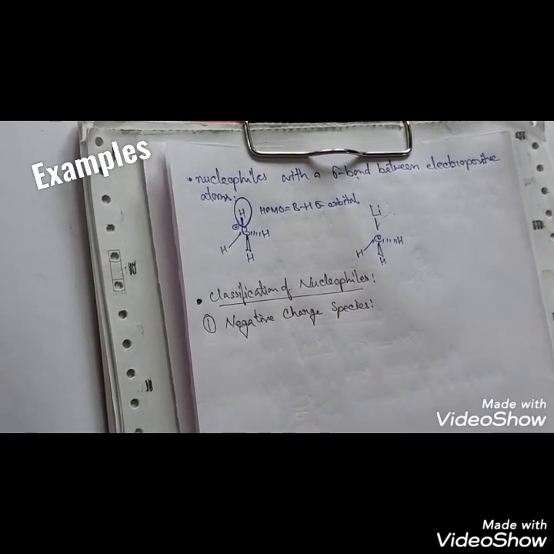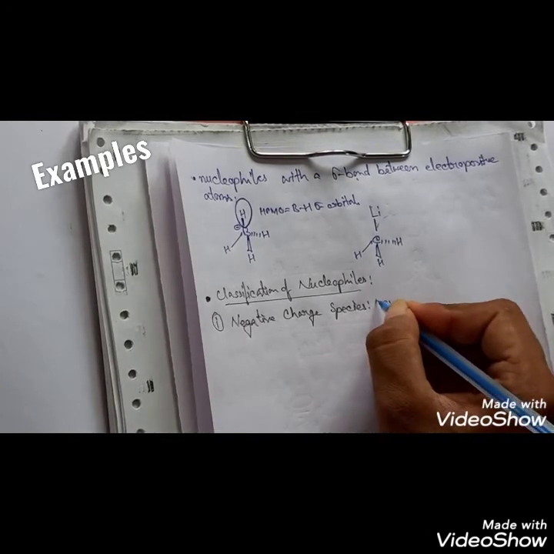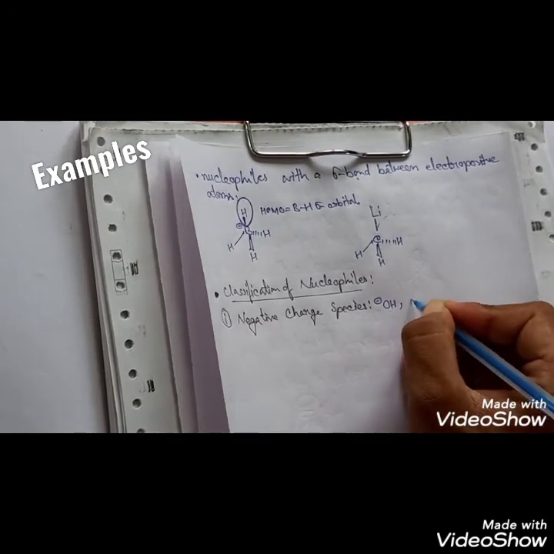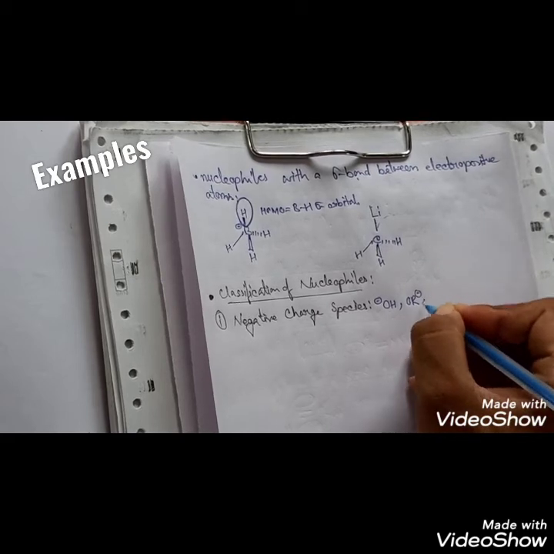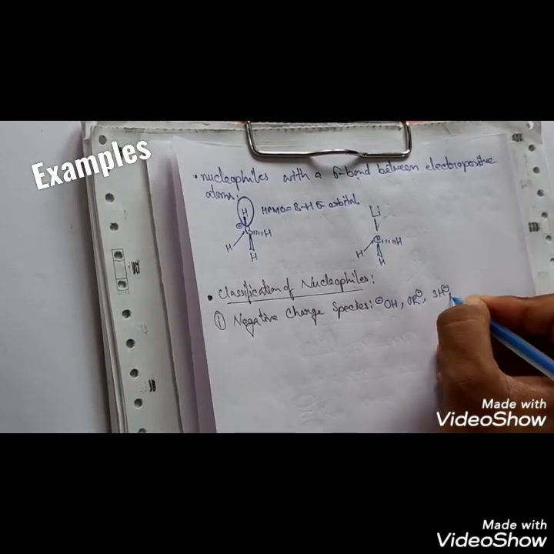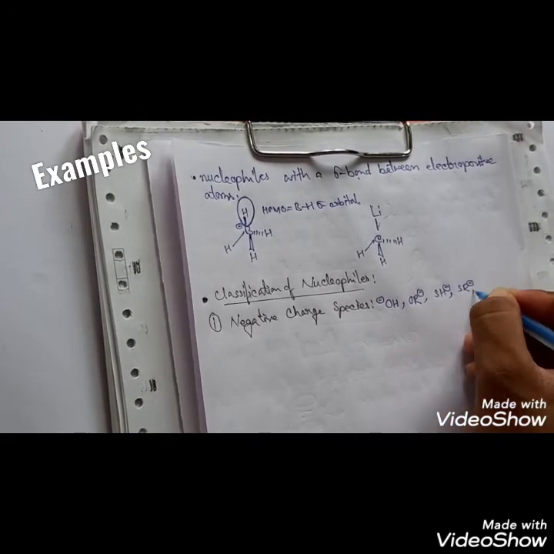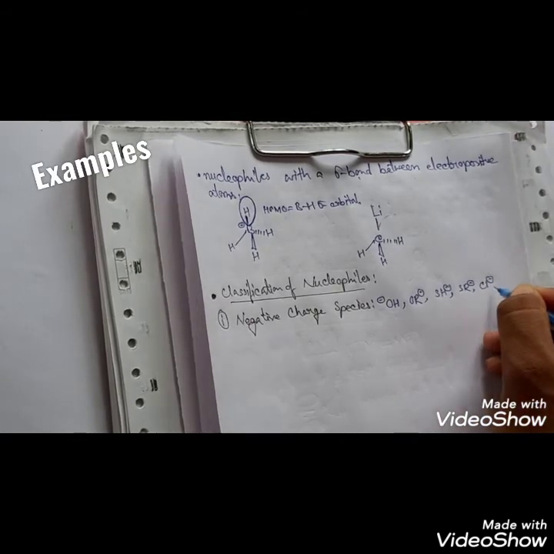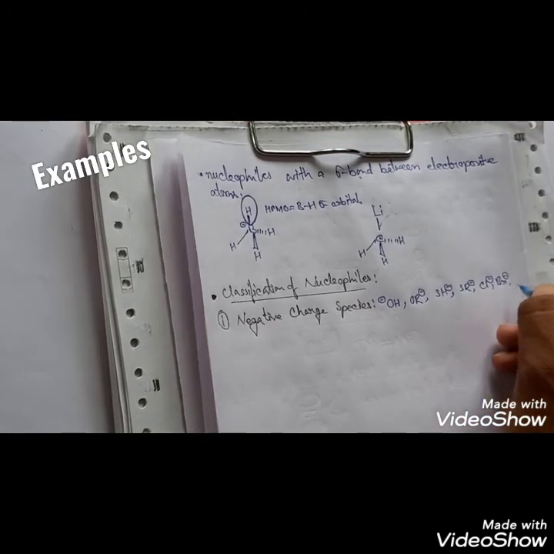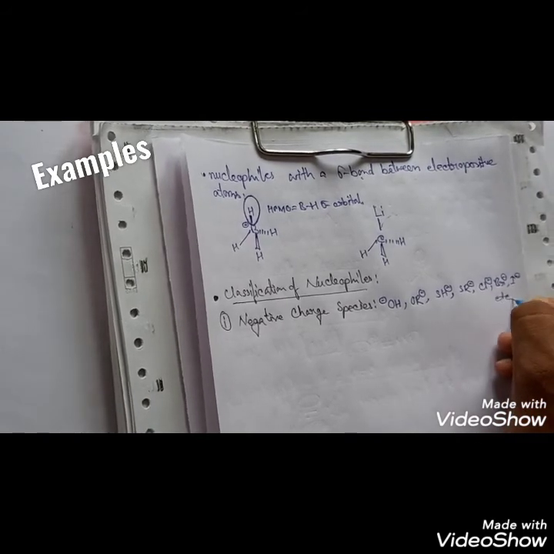What are the examples? Easy. You can easily identify now that SH minus, SR minus, Cl minus, bromide, iodide, etc.